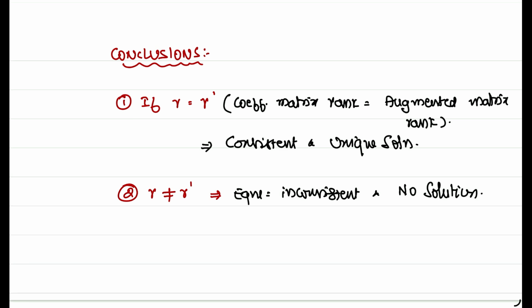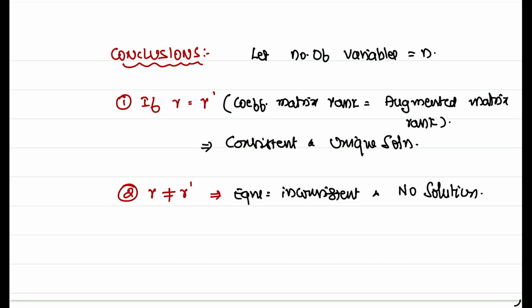And here for the third case we have to consider the number of variables is equal to n, because it may not be a 3 by 3 matrix with 3 variables, there can be 10 variables, a 10 by 10 matrix.